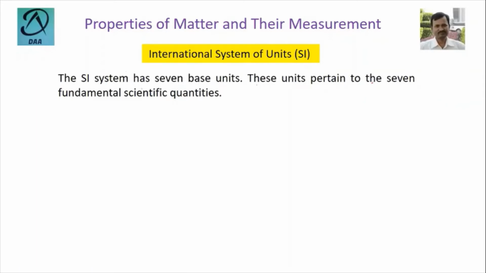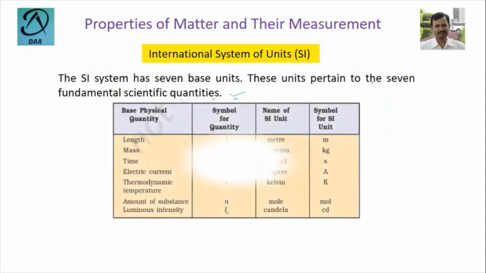The SI system has 7 base units. These units pertain to 7 fundamental scientific quantities. Number 1, length. Number 2, mass. Number 3, time. Number 4, electric current. Number 5, thermodynamic temperature.